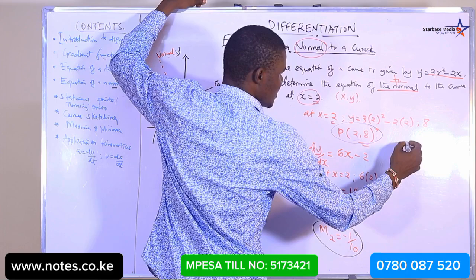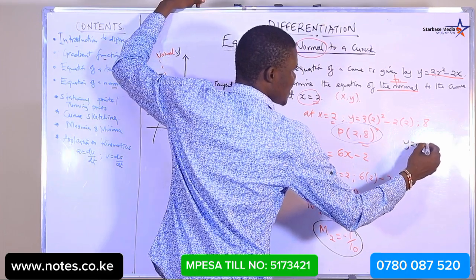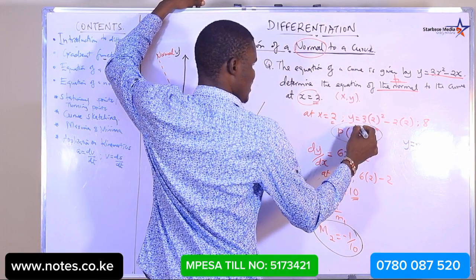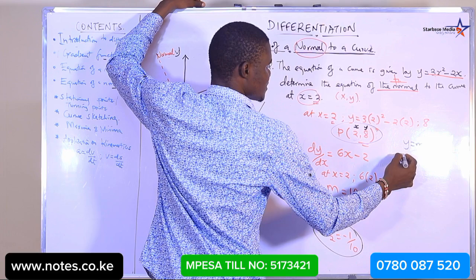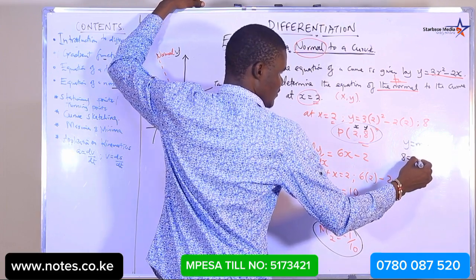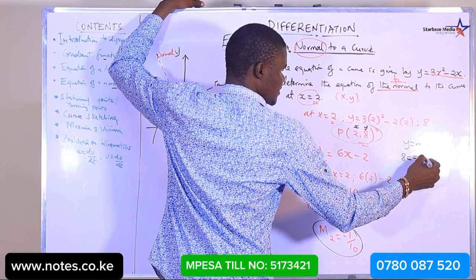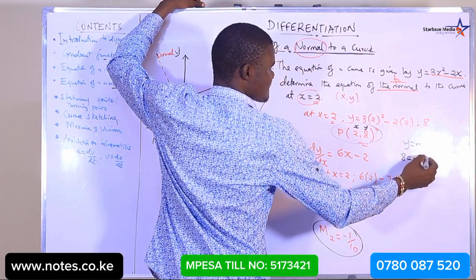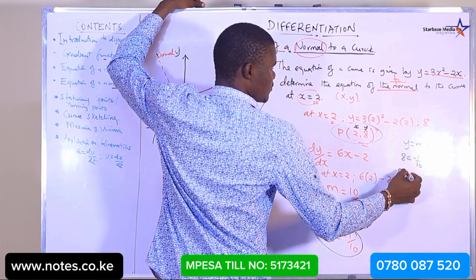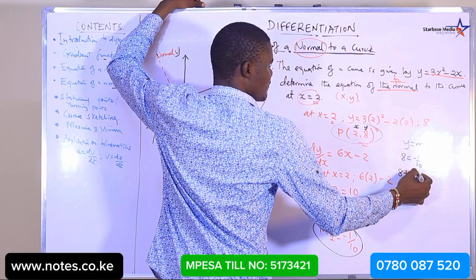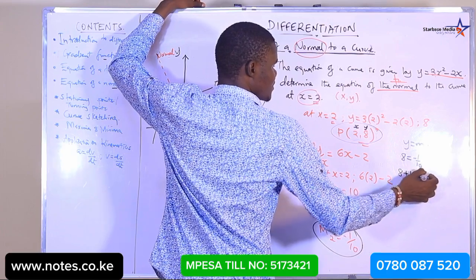I simply say y is equals to mx plus c. So what is my y? Remember this is x comma y. So my y is 8. My m is negative 1 over 10. My x is 2, plus c. So we're going to have 8 minus... this will cross the equal sign. This is 1 over 5 is equals to c.